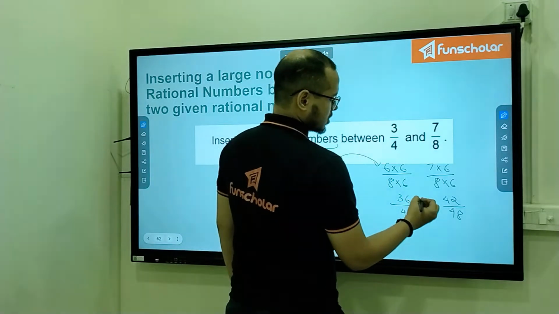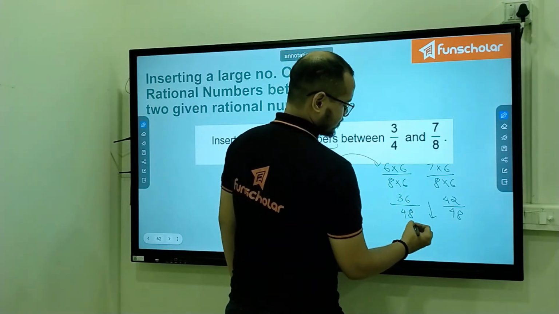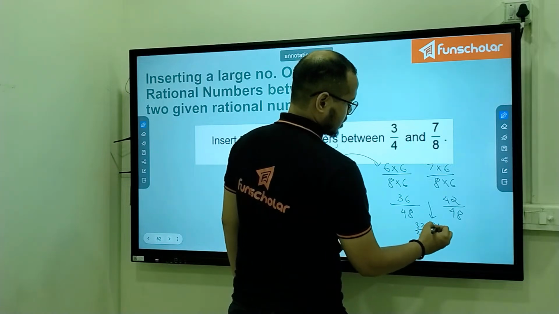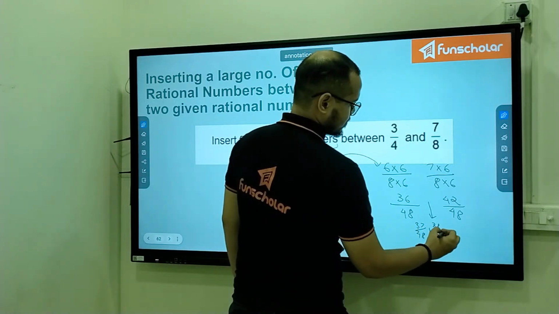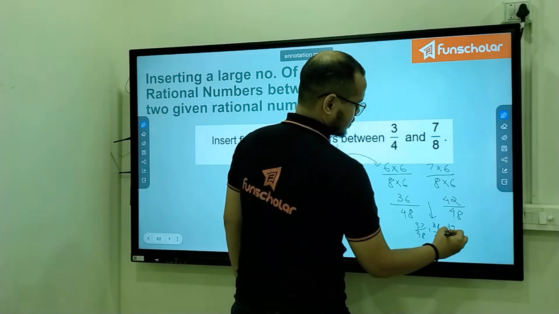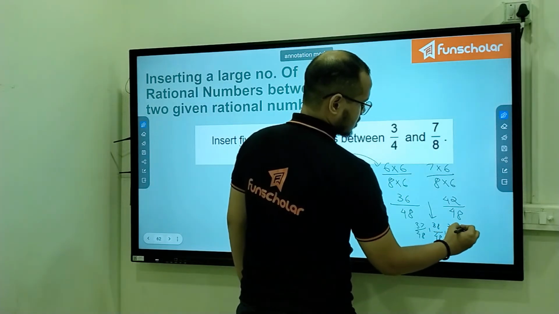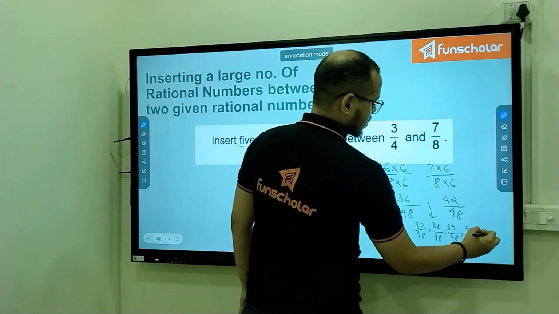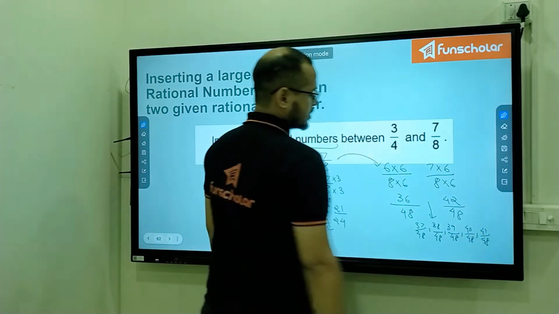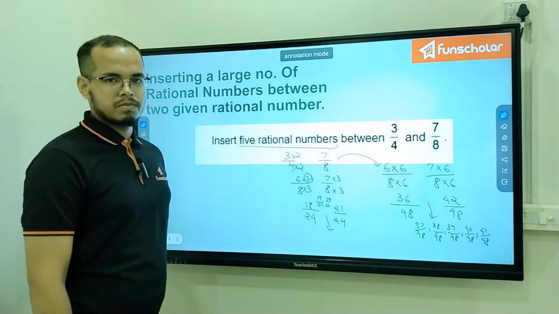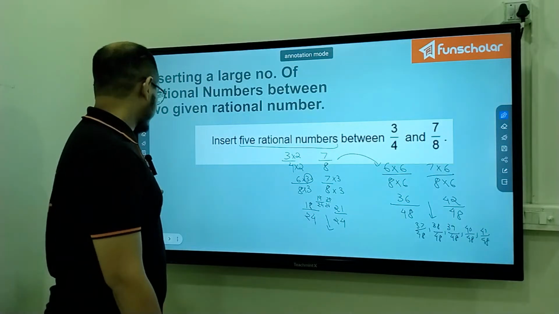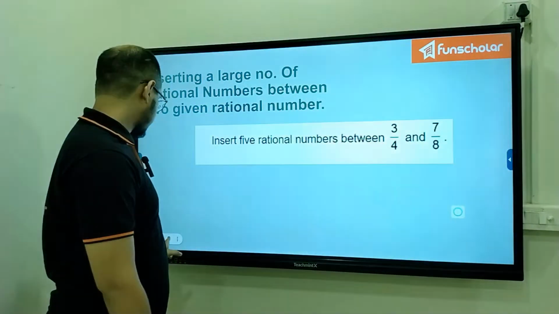So the numbers in between are 37 by 48, 38 by 48, 39 by 48, 40 by 48, 41 by 48. By this method also we can find five rational numbers. So whatever method you are comfortable with, you can use and solve the sums.